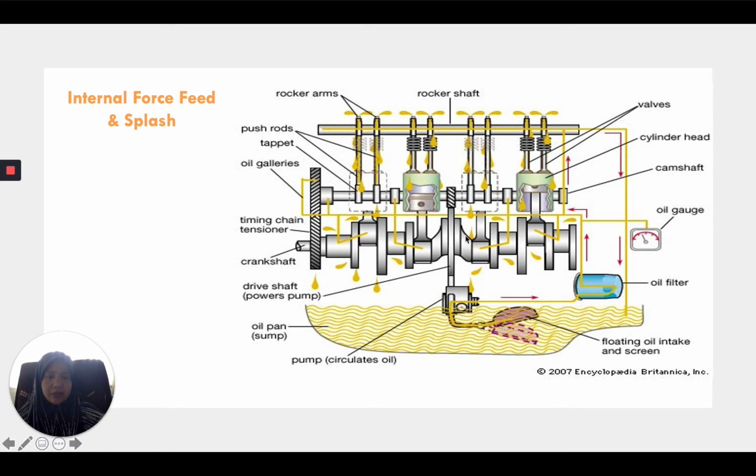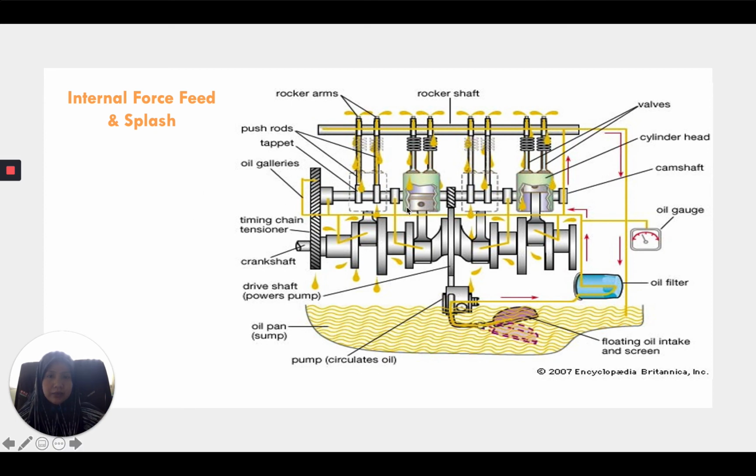And some oil also reaches different components like bearings and connecting rods through splash, as mechanical turbulence is generated in the crankcase by the moving components, which further makes the oil sprayed in the form of mist in the crankcase. It will produce mist in the crankcase, and this mist further reaches other engine components like piston, and then piston pin here, and cylinder walls.